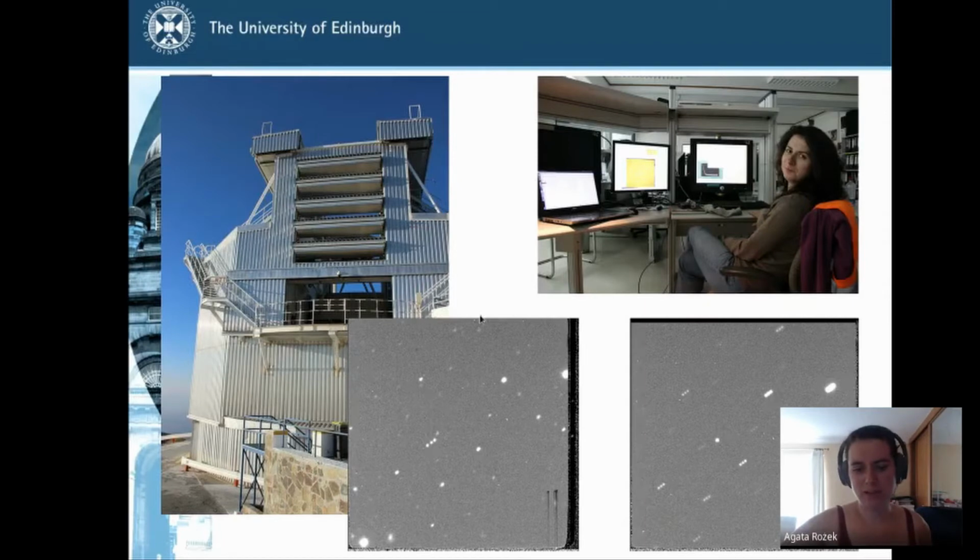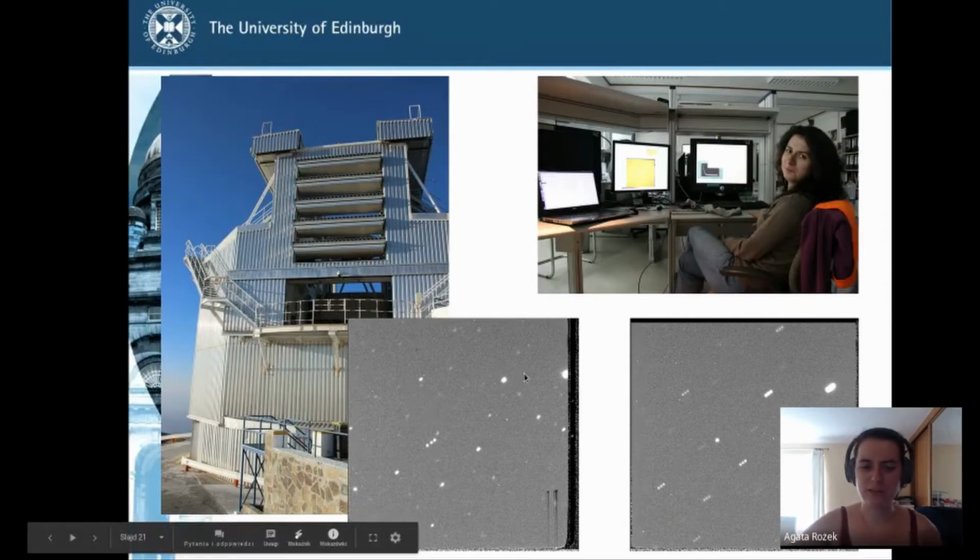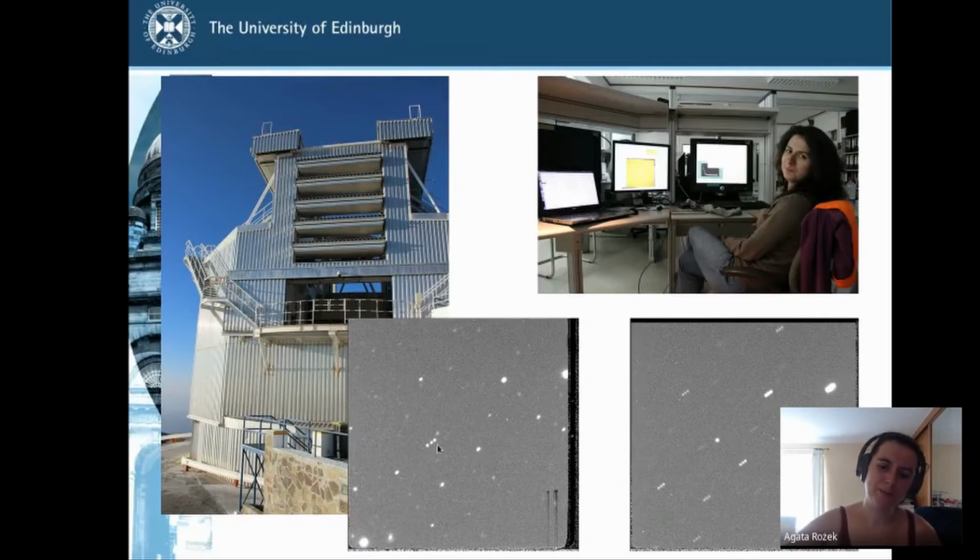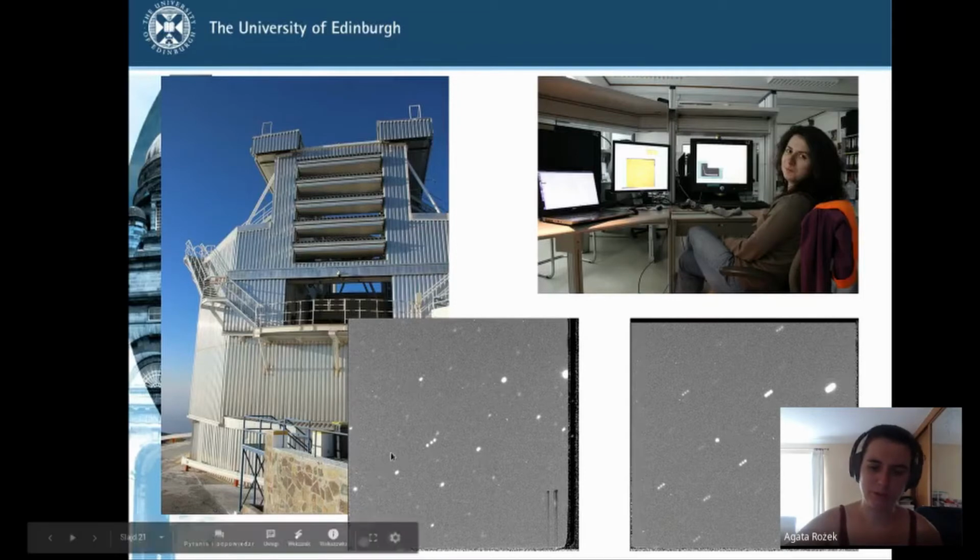So this is a mosaic of 3 images of an asteroid that I observed. You can see the asteroid moving across the frame. If you stack the images using the position of the stars, you get to see how the asteroid moves. If you stack the images on the position of the asteroid, you can see that the stellar background has changed.